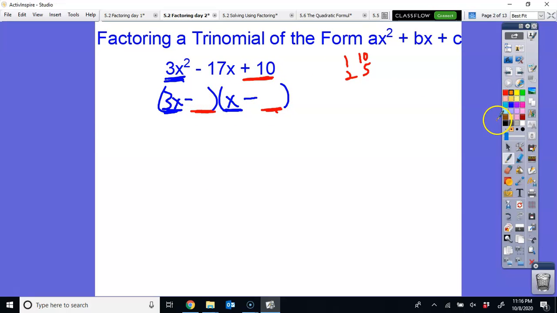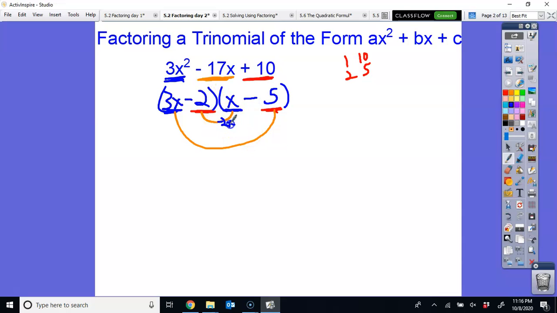Here's where you got to remember that I got to get this in the middle, but it's whatever I put here times x, and whatever I put here times 3. Oh, times 3x, not just x. So if I put 5 here and 2 here, watch what happens.